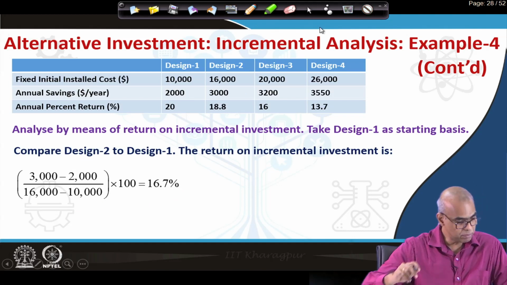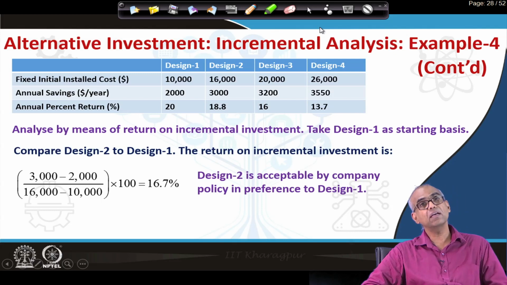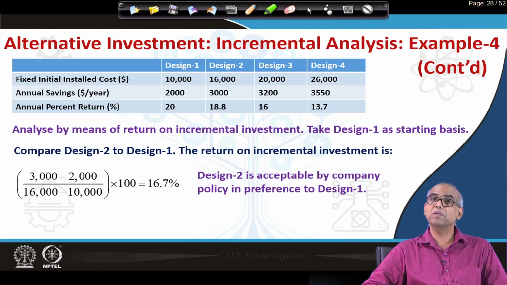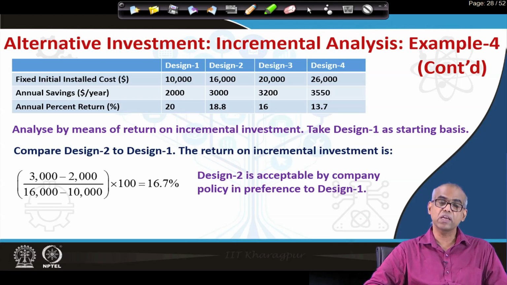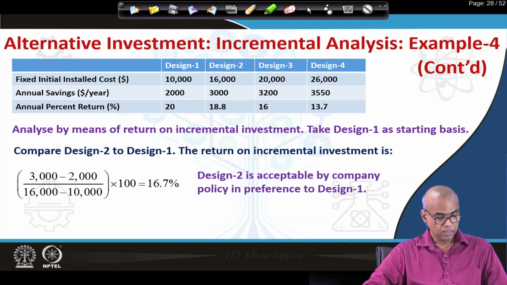Now, 16.7% is greater than the acceptable 15% rate of return. So, design 2 is acceptable by the company policy in preference to design 1. So, we accept design 2 as of now.